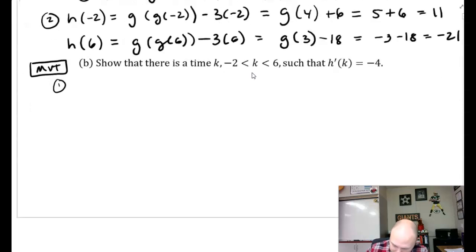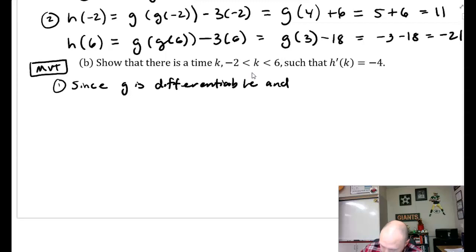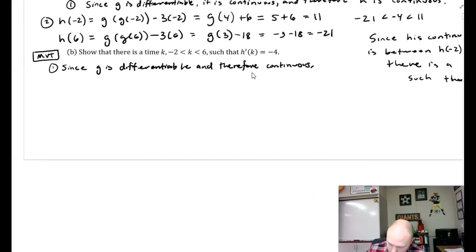Number one, they told us since g is differentiable, and therefore continuous, we're going to say h is differentiable and continuous.